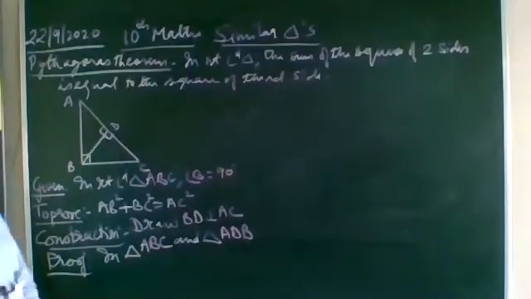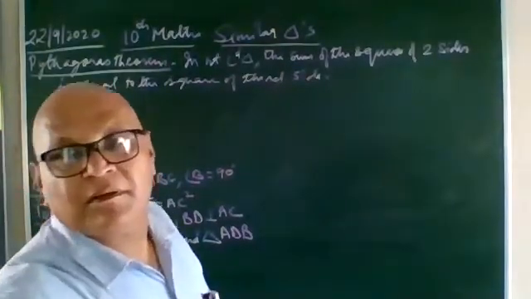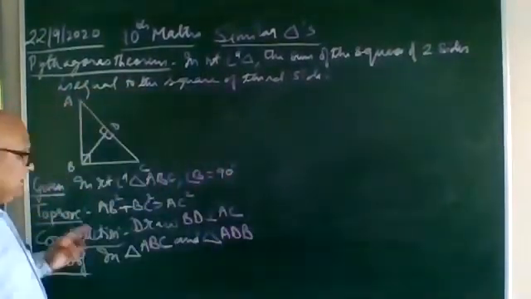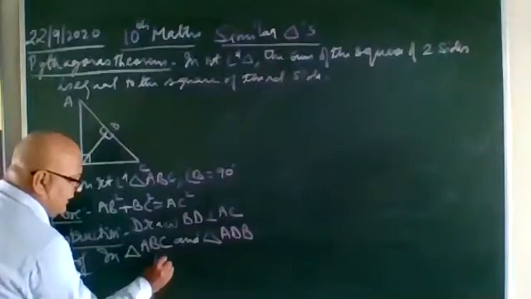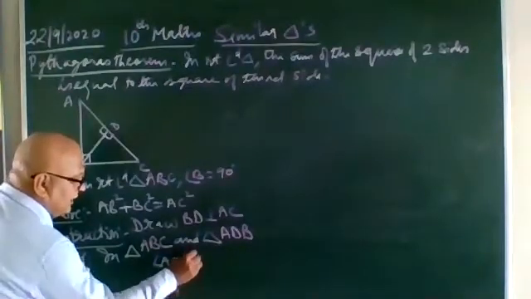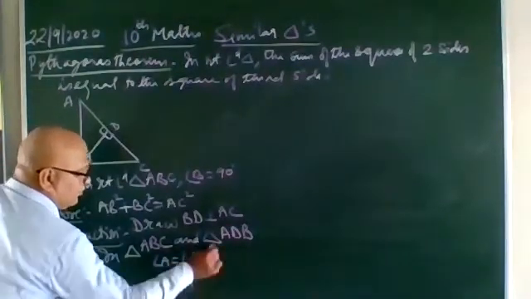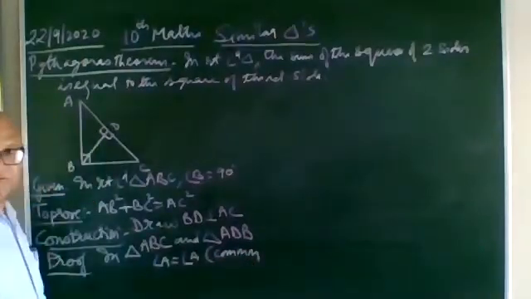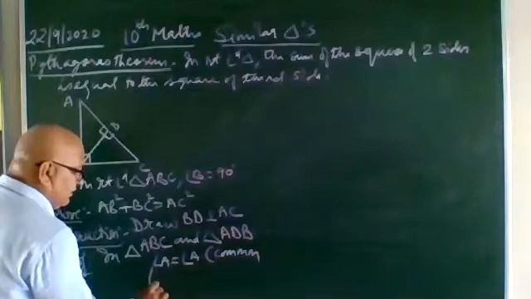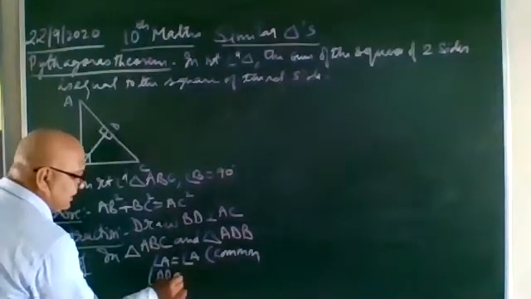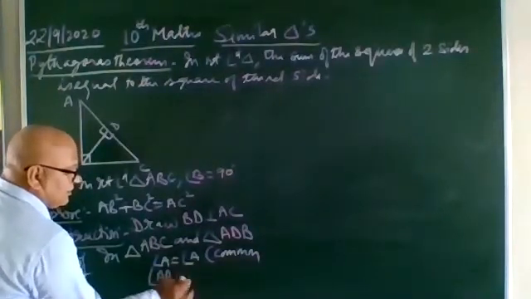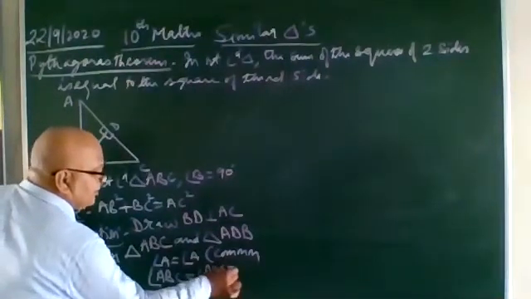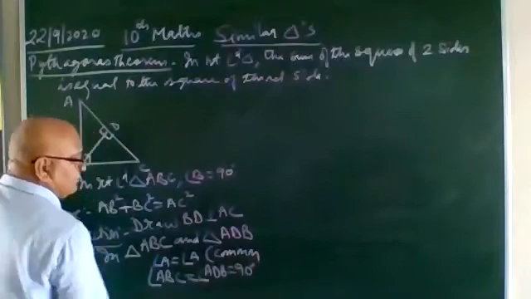In this triangle, what you will say? Angle A equal to angle A, common. Angle ABC equal to angle ADB equal to 90 degree.